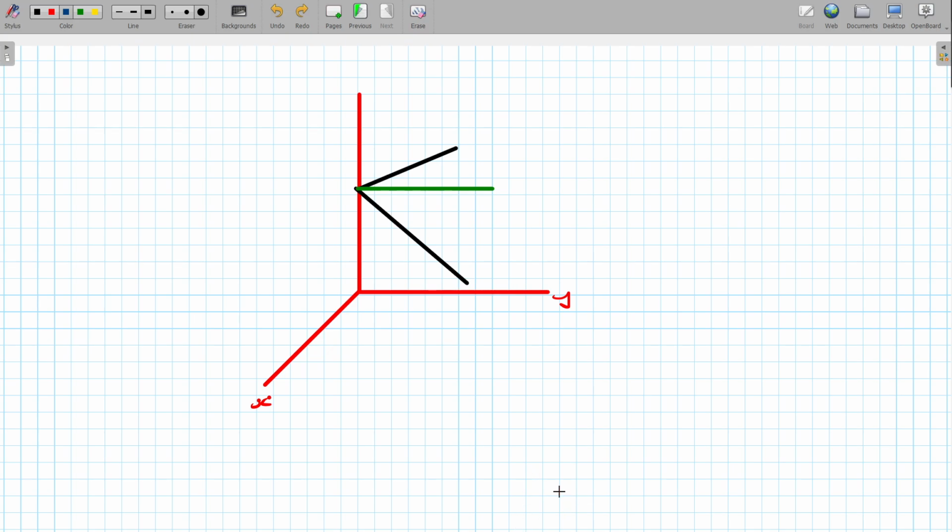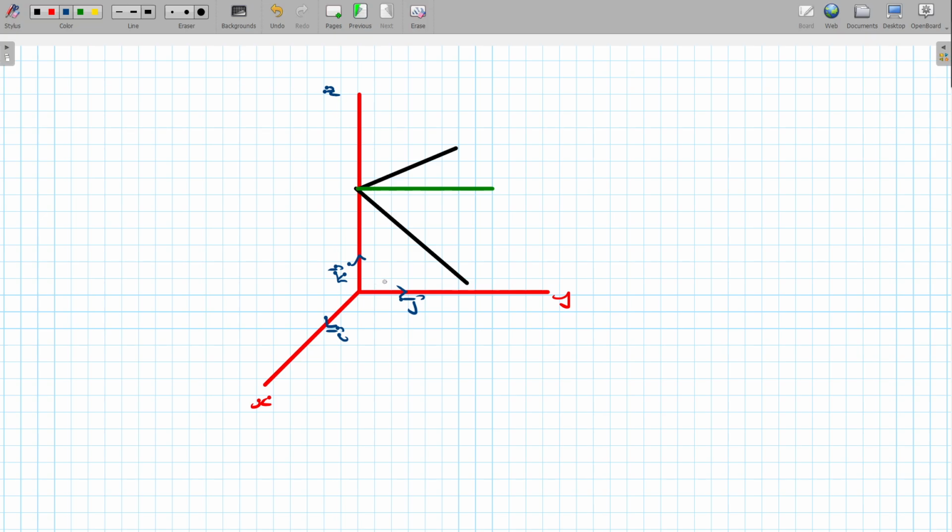Along the y-axis we have the vector j. Along the x-axis we have i. Along the z-axis we have the unit vector k. And this is the z-axis.